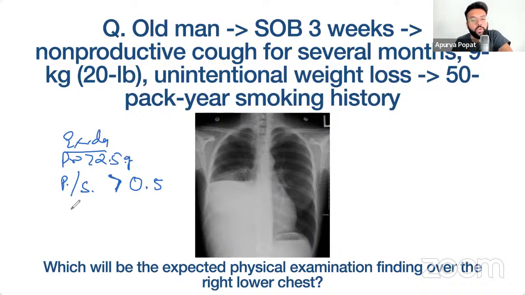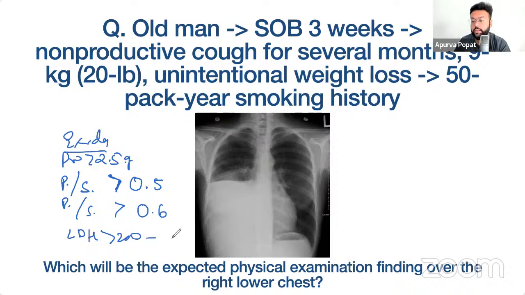Very good. What should be the pleural LDH by serum LDH ratio? In exudate, pleural LDH by serum LDH ratio should be more than 0.6, or your LDH should be more than 200, or more than two-thirds the upper limit of normal.